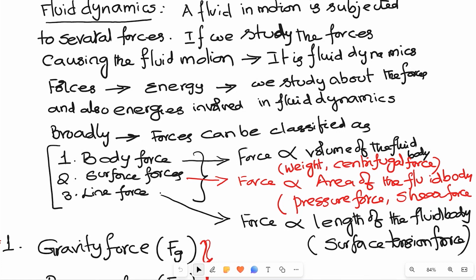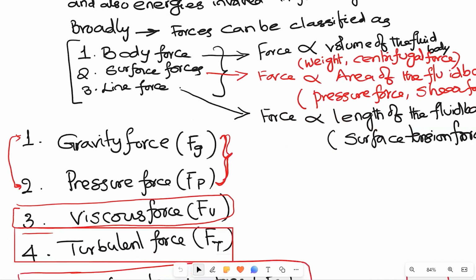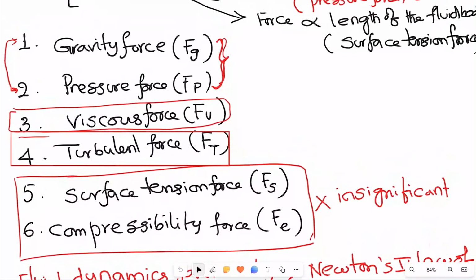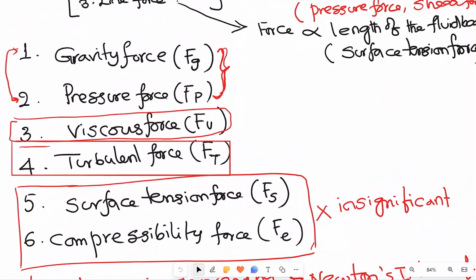And then again, what are the various forces? This is the broad classification. But if we look into the various forces that can act on a fluid body, there are six forces that can act on any fluid body. Number one is the gravity force, mass into acceleration due to gravity, mg.